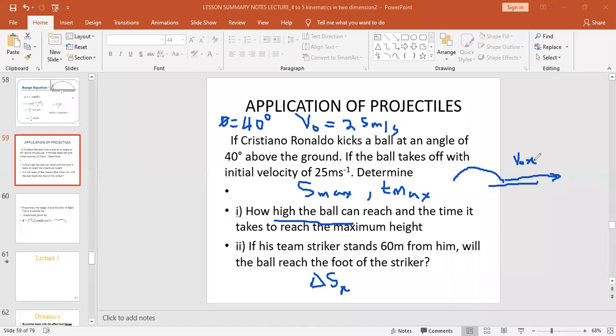The only way velocity will vary is when there is acceleration. But for the very fact that the velocity is not varying, it means that acceleration is equal to 0, so there is no acceleration in the X component. That is the whole idea behind that. So I'm waiting for your solutions.